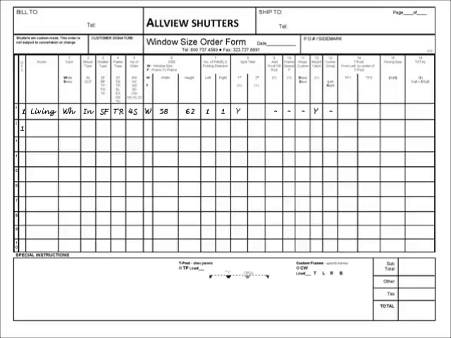The second window, quantity of 1, is in the living room. Will be white and mounted as an inside mount. It's a wide window that will require a T-post with a sill. So let's select a T-post shutter, TP, and a trim frame, TR, with a 4-sided sill window frame, 4S.